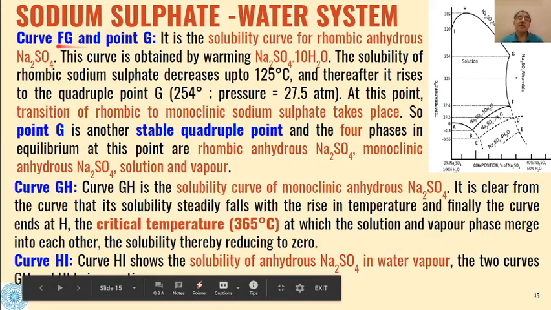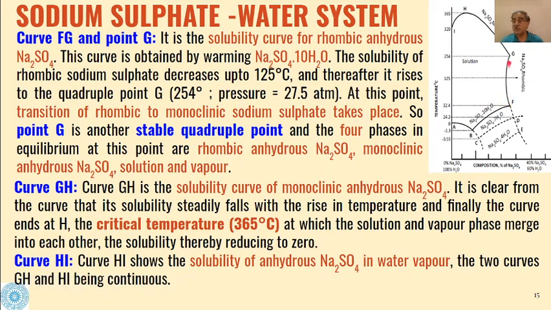Then is curve FG and point G. So this is curve FG, and point G is again a quadruple point. You have seen that at point F we are having rhombic anhydrous sodium sulfate. So this is the solubility curve of rhombic anhydrous sodium sulfate.